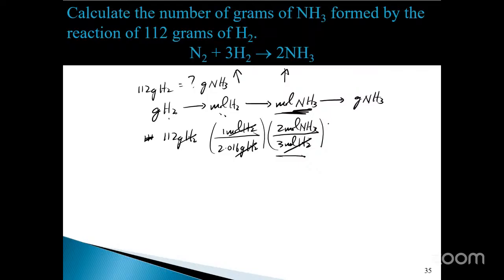Then we have to do one last step where we convert moles of ammonia to grams of ammonia. And again, that's where the molar mass will come in. This time we're going to put 1 mole of ammonia down here as the denominator, and up here the molar mass, which I calculated earlier, 17.03 grams of ammonia, so that this will cancel out with that, right?